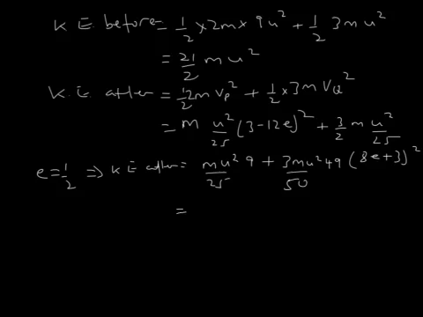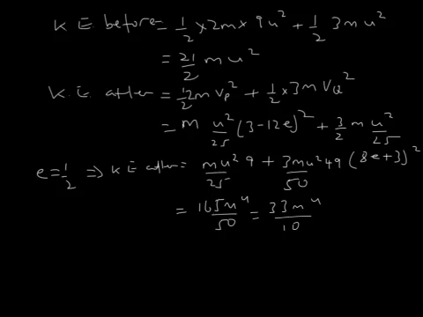So this works out to be 9mu squared over 25 plus 147mu squared over 50, which works out to be 165mu squared over 50. And that cancels down to be 33mu squared over 10. 5 times 33 is 165.